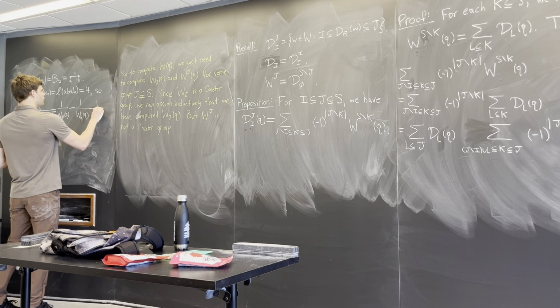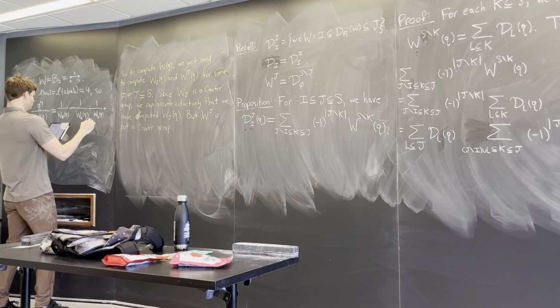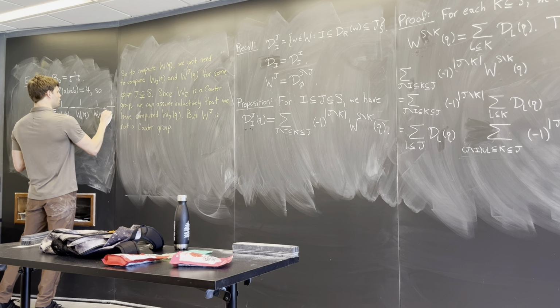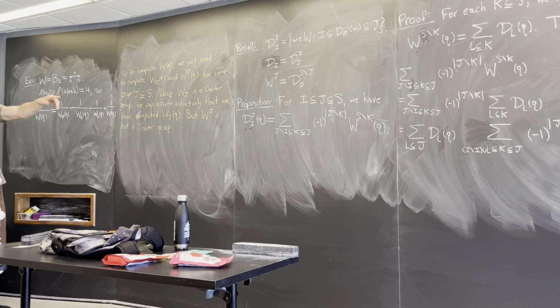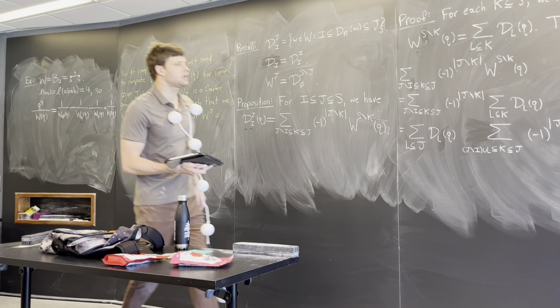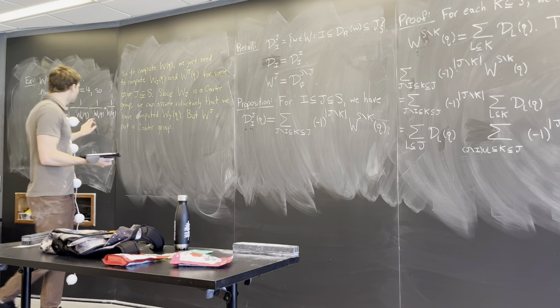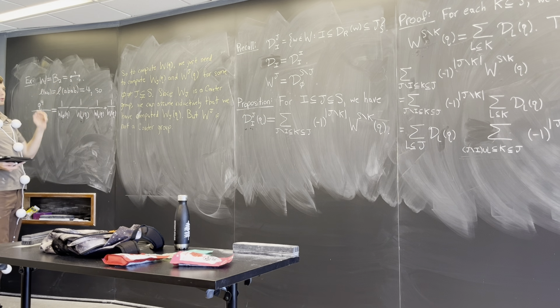And then minus 1 over W sub B of Q, and then plus 1 over all of W of Q. So this corresponds to choosing K, my subset, to be the empty set. This is when K is just the set A. This is when K is just the singleton set B, and this is when K is both simple reflections.